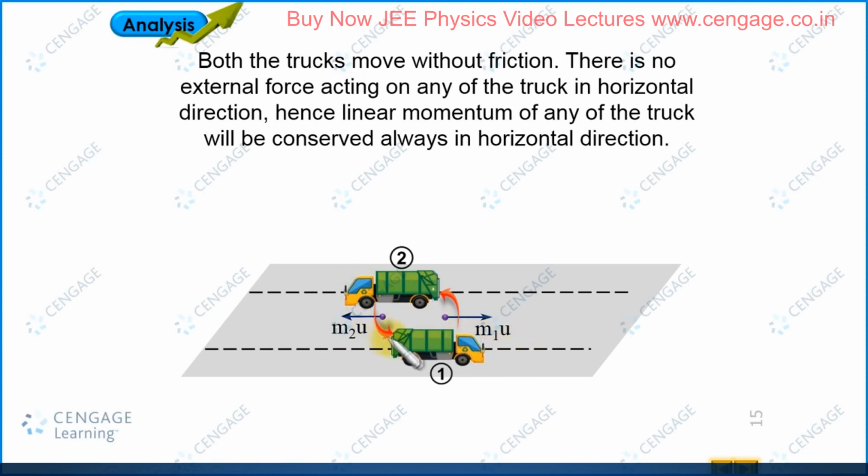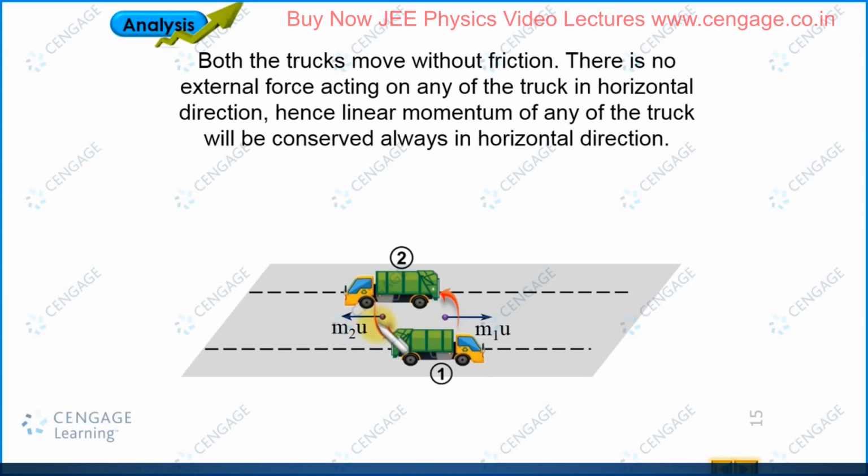And here we can observe this onion bag is thrown from track number 2 perpendicular to the track direction. That means the velocity of the onion bag should be the same as the velocity of the track. It is moving in the leftward direction. That means the velocity of the onion bag should also be u in the leftward direction, that is, in the horizontal direction, leftward.